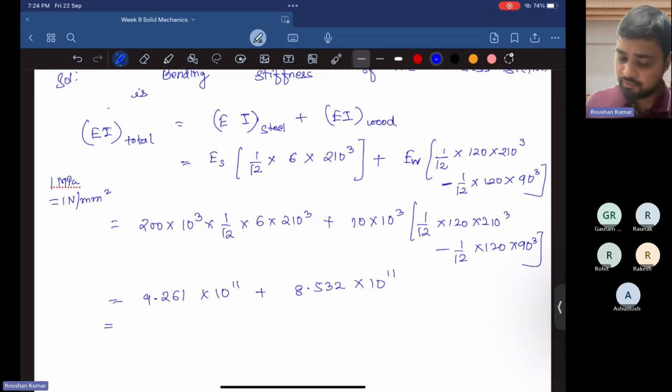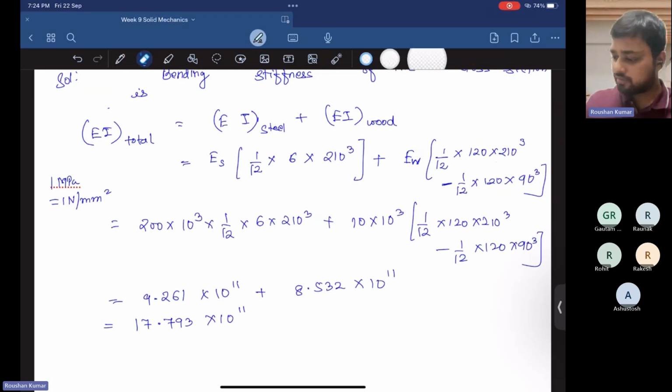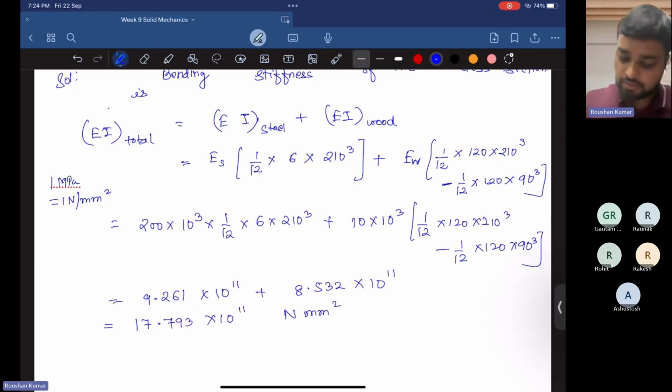So it finally becomes 8.532 plus 9.261, that is 17.793 into 10 to the power 11. And what is the unit here? Newton per mm square into mm to the power 4, so it is Newton mm square. Now move to the next question.